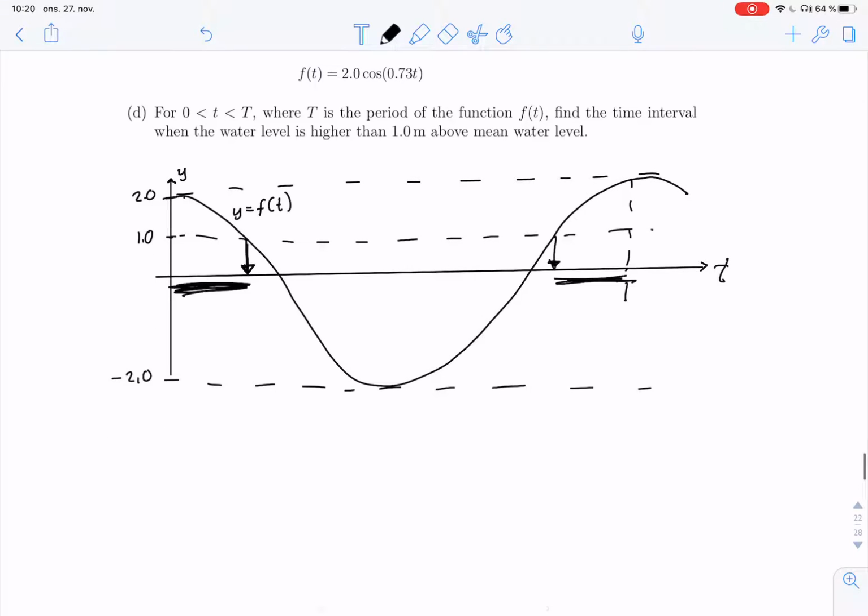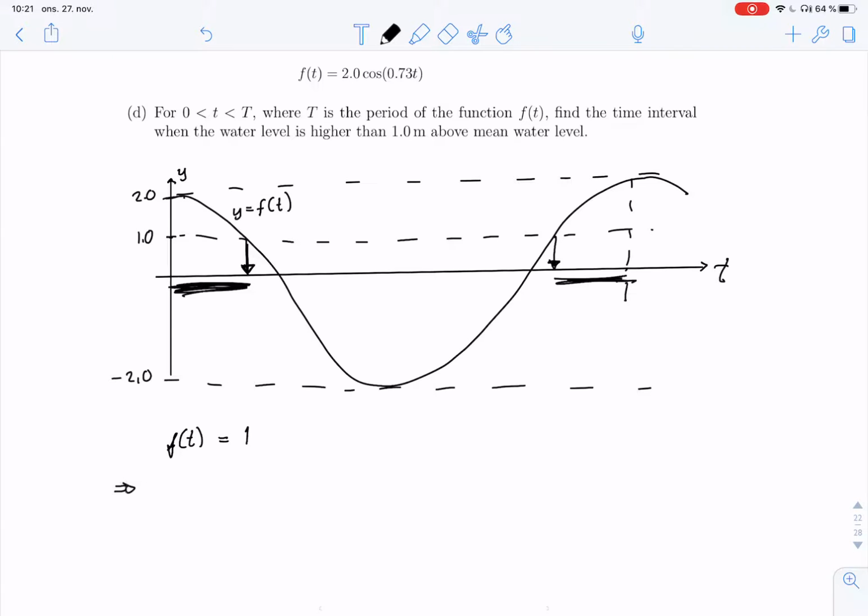So what we need to do is to solve the equation where f of t equals 1. Not f of t equals, sorry, we need to solve equals 1.